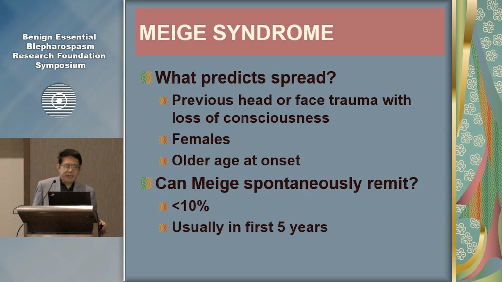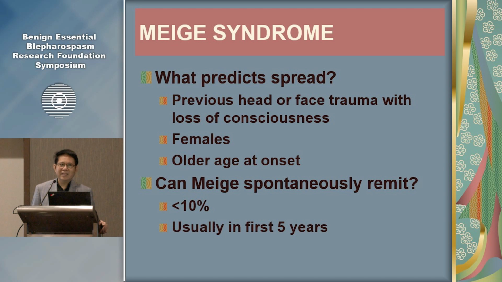What about spontaneous remission? The percentage that's been quoted is less than 10%, but the truth of the matter is, at least in my clinical practice over the past 25 years, it's actually rarer than that. And I'd have to say that every patient of mine with MEIGE that had spontaneous remission had received long-term botulinum toxins.